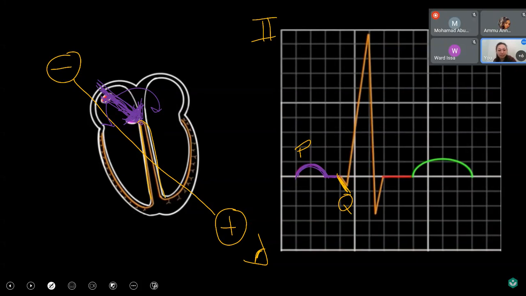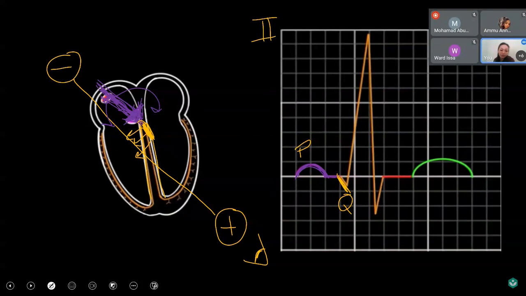So interestingly, in the septum, the left upper part is the first thing to actually depolarize, and the wave of depolarization spreads from the left towards the right. So now look at the direction of this.